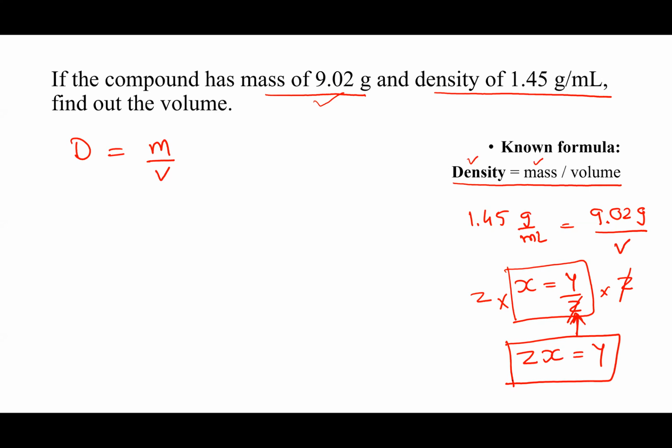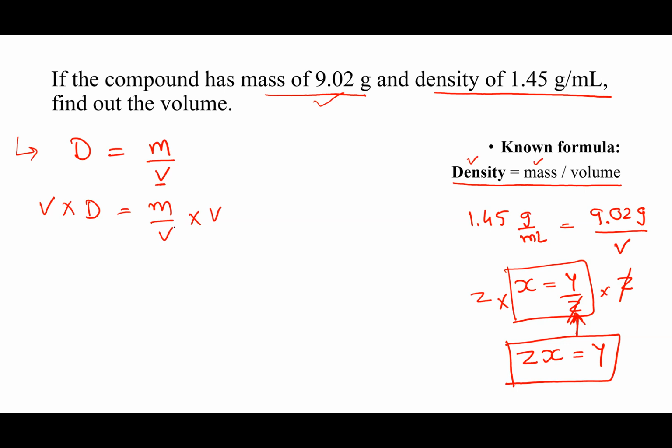I'm going to apply the same concept in this density formula. Because we have to find out v, and it is in the denominator, all I'm going to do is multiply both sides of this equation by v. So I multiply the left side as well as the right side with v.